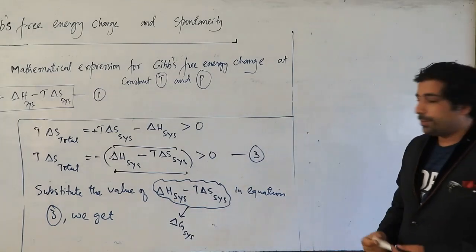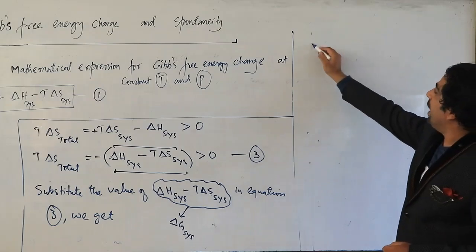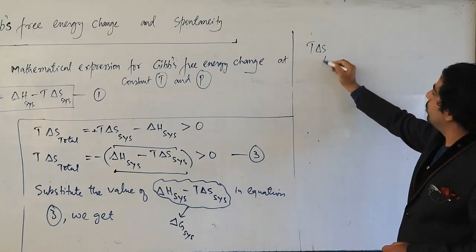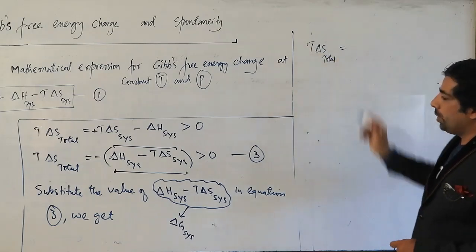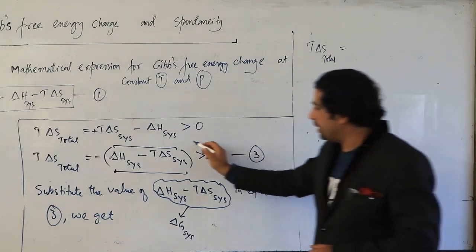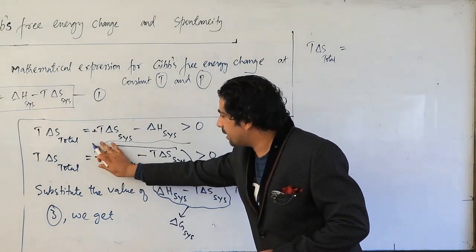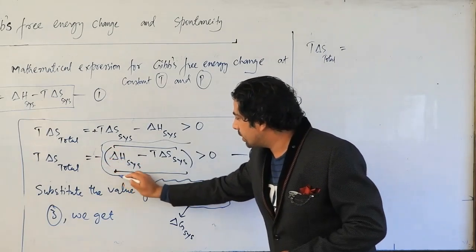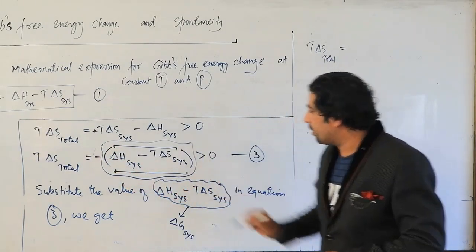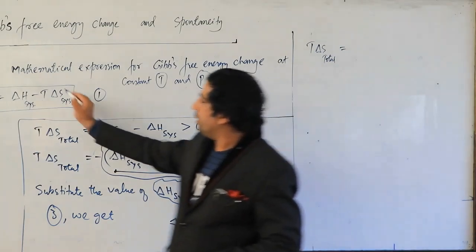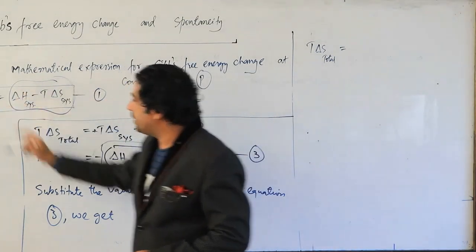So have a look here, dear friends. So we will have T del S total is equal to, my dear friends, in place of this thing now, this entire thing except minus. Minus is outside. In place of this particular thing, I have to write down del G system.